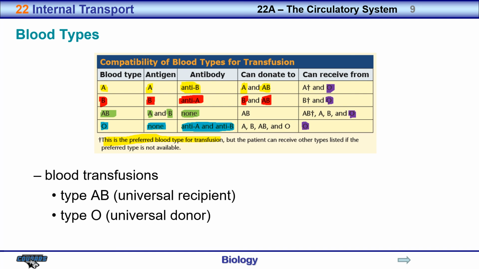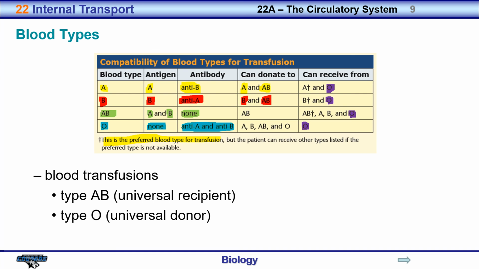If you're Rh negative, you don't have any anti-Rh antibodies, but your body can be stimulated to make them. If an Rh negative person, hopefully accidentally, receives some Rh positive blood, his body would begin to form anti-Rh antibodies.